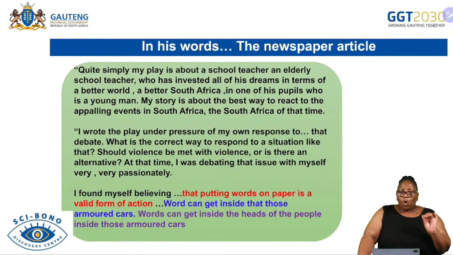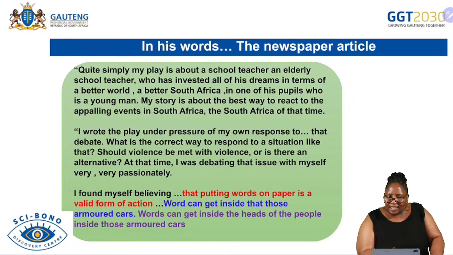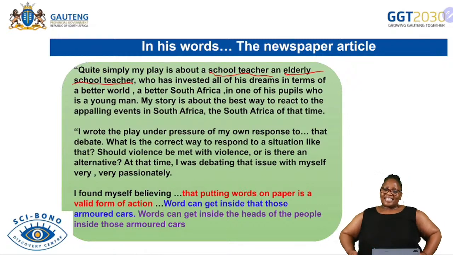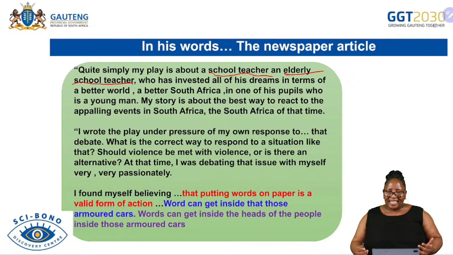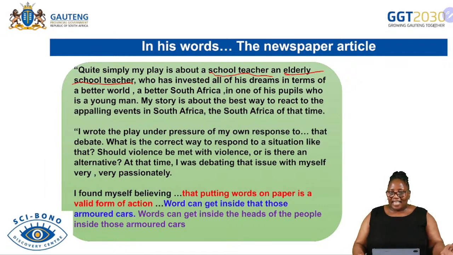He says, quite simply, my play is about a school teacher, not just a school teacher, but an elderly school teacher who has invested all of his dreams of a better world, a better South Africa, in one of his pupils, who is a young man. My story is about the best way to react to the appalling events in South Africa of the time.